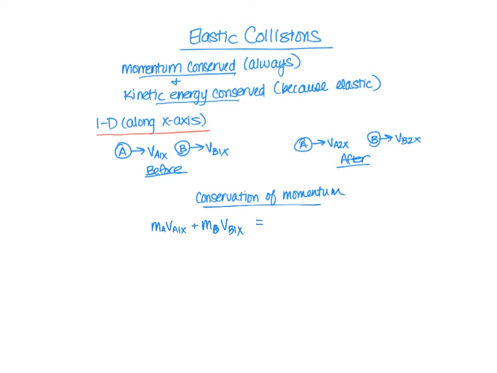And those are the two objects that are moving before the collision, and that's what their momentum is before. After the collision, we look at the picture on the right. We have mA vA2x because that's its velocity after, and we have mB vB2x. Okay, so that's the total momentum after.